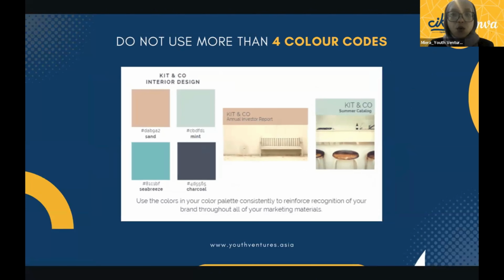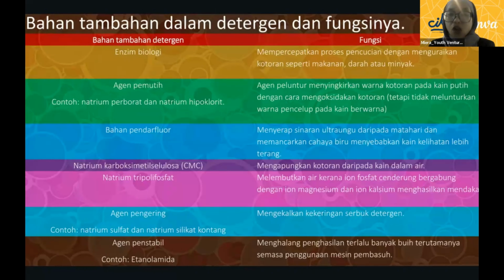So what I meant by not having too much color is this. We don't want to have too many colors in one slide because, for example, this slide has a lot of words and there's a picture in the background, and there's a lot of colors. So there's a lot of things going around in this one slide. So we want to reduce that. We want to deliver the message more clearly.